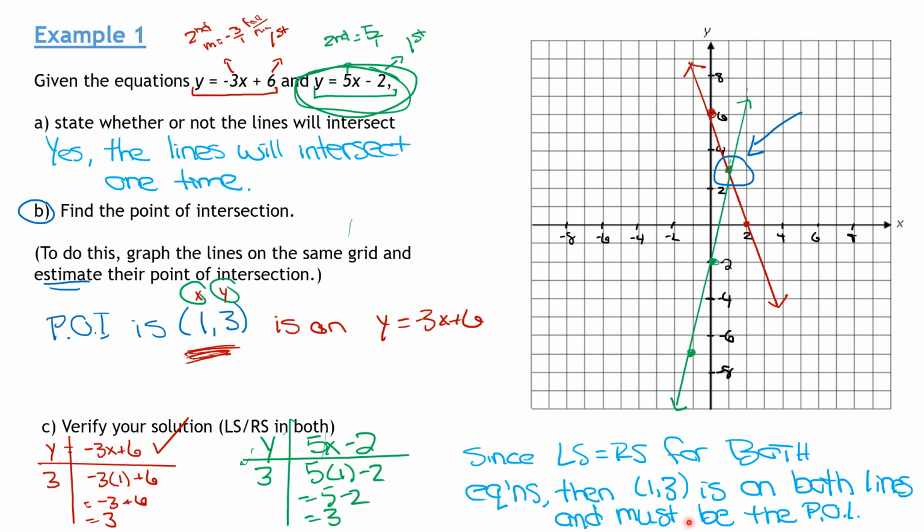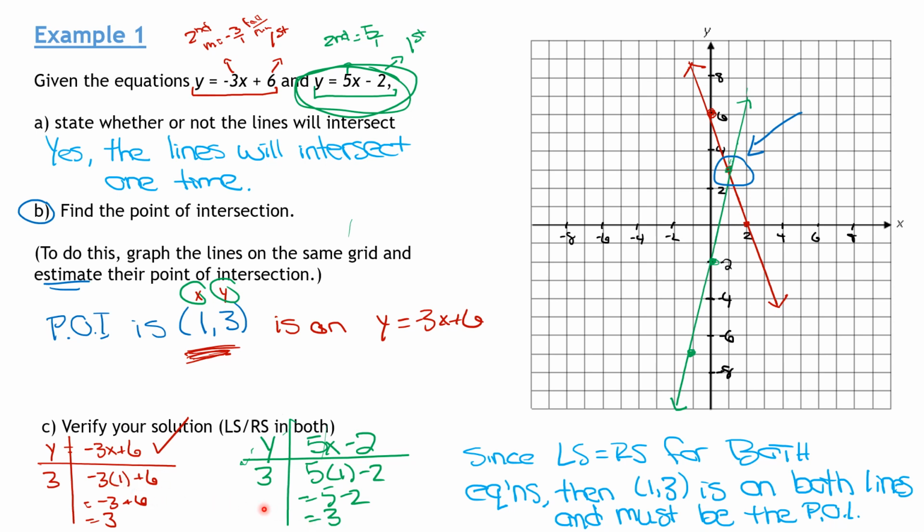And it must be the point of intersection. So if 1, 3 is on the red line, and 1, 3 is also a coordinate on the green line, then it's got to be the point of intersection. There's nothing else it could be.